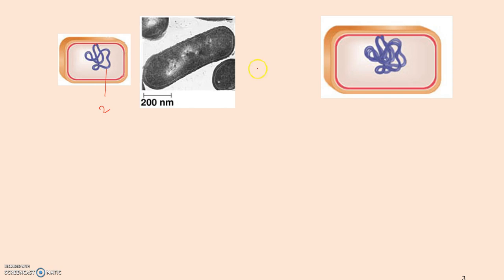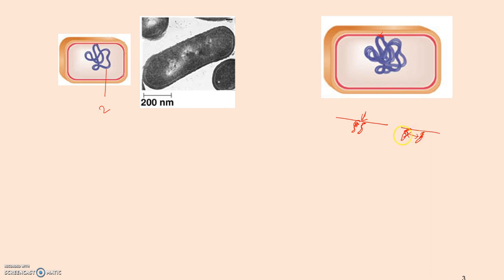Now the cell membrane where these are attached starts becoming stretched. Here we have one chromosome hanging and the second chromosome hanging, and as this region becomes stretched, the two chromosomes start separating.